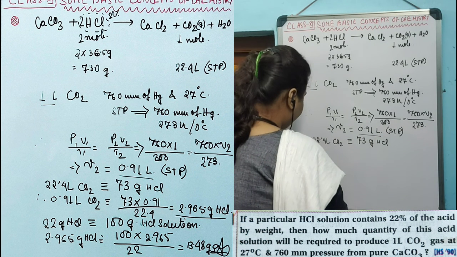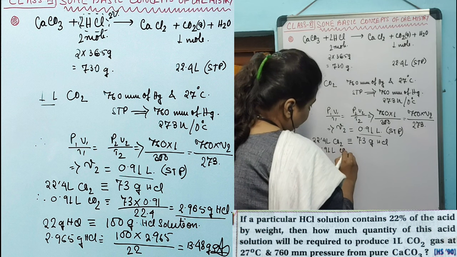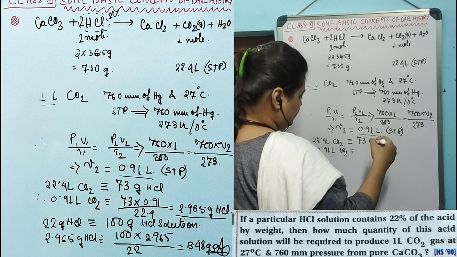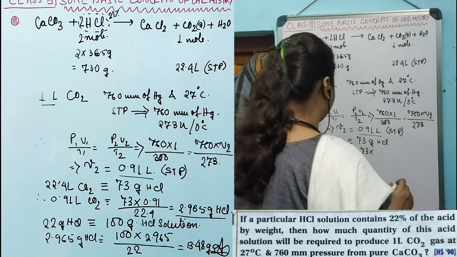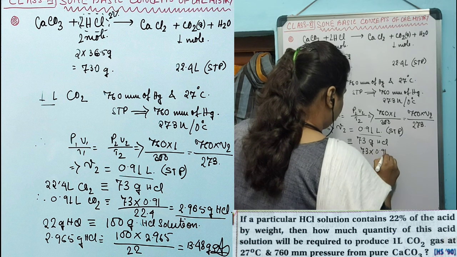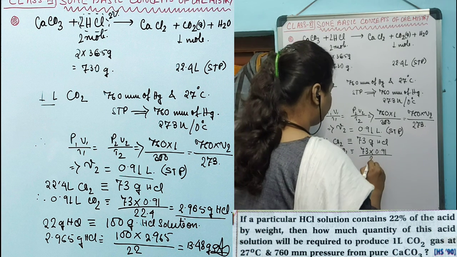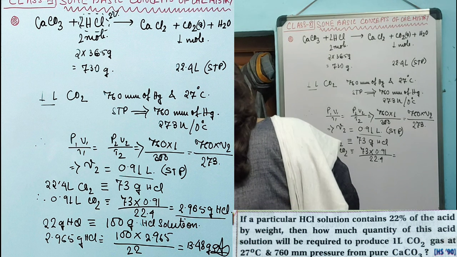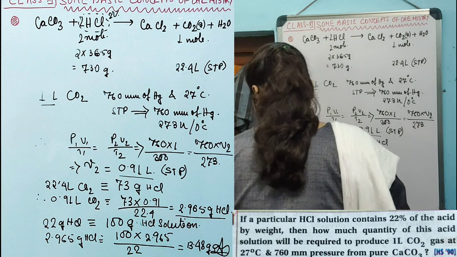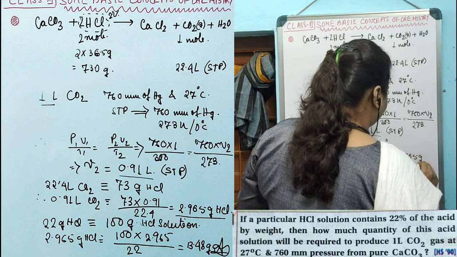Therefore, if 0.91 liter of CO2 is being produced, then the amount of HCl needed is 73 multiplied by 0.91 divided by 22.4. This will give the amount 2.965 gram of HCl.